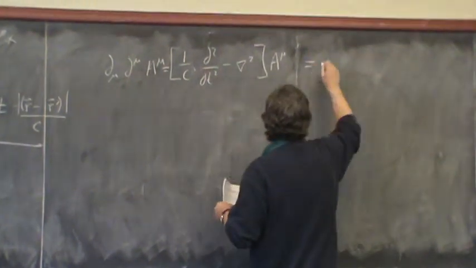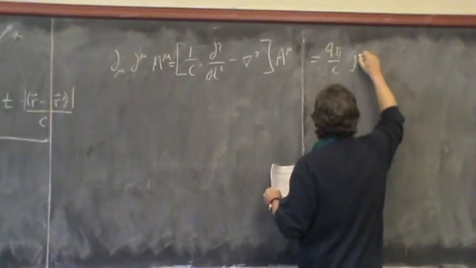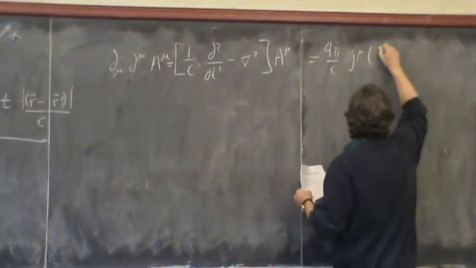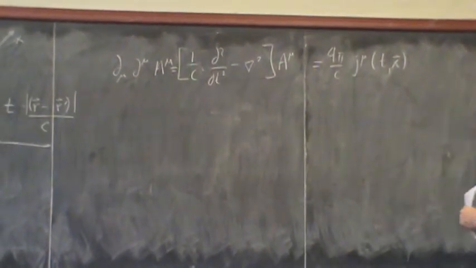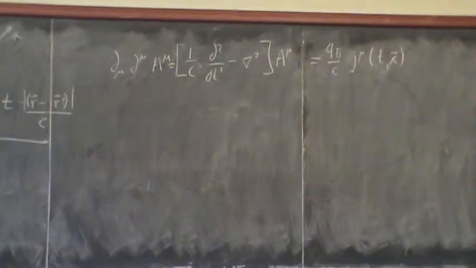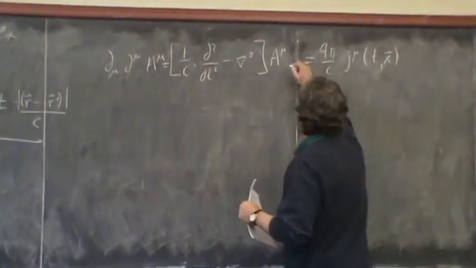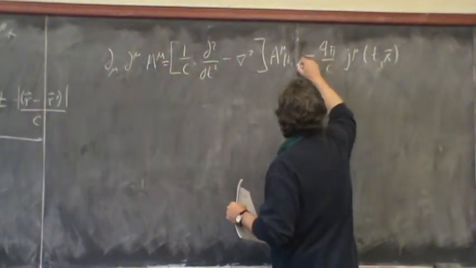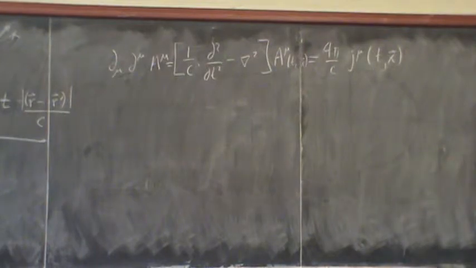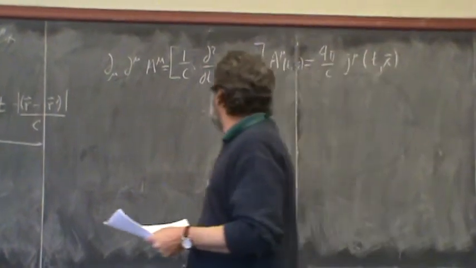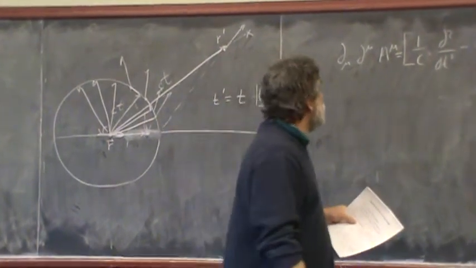And that's got to be equal to 4 pi over c times the current. We're going to take that along for the ride. Oh, yeah, no, that's correct.